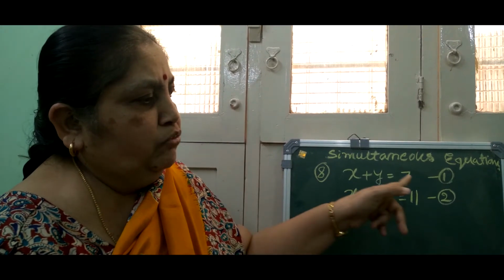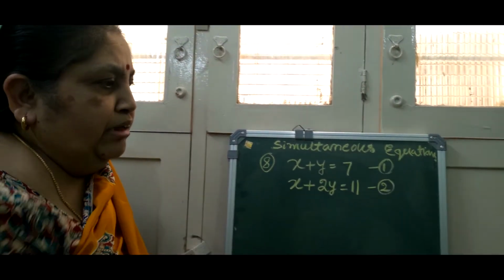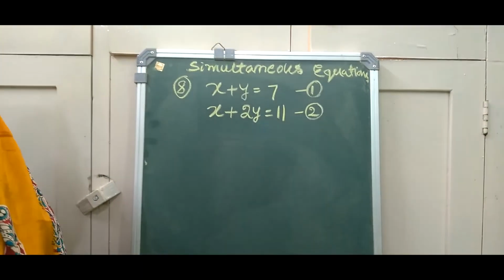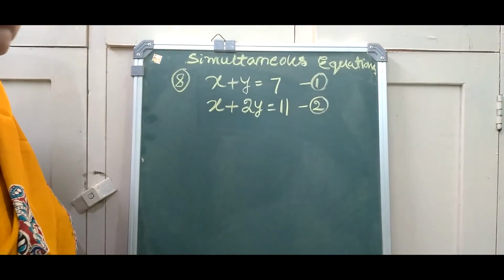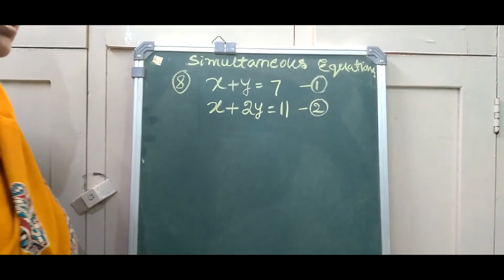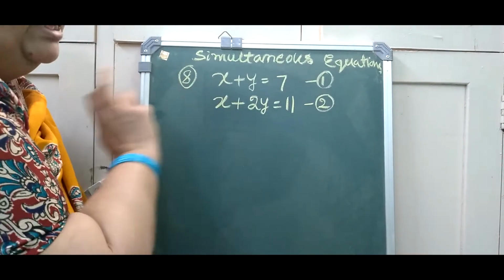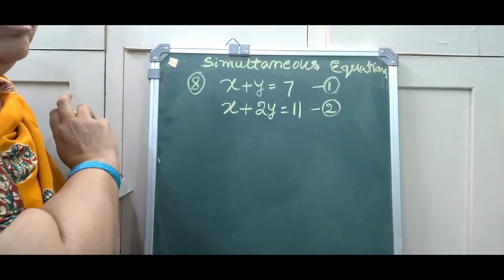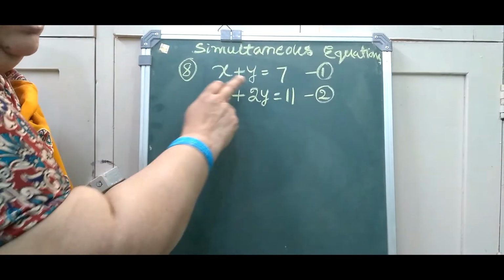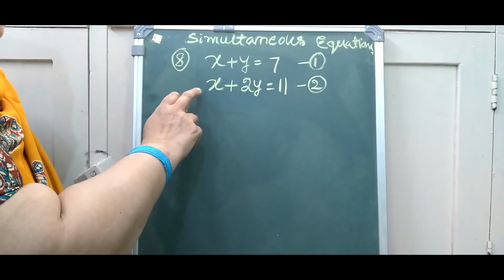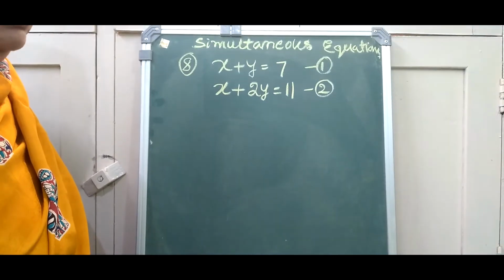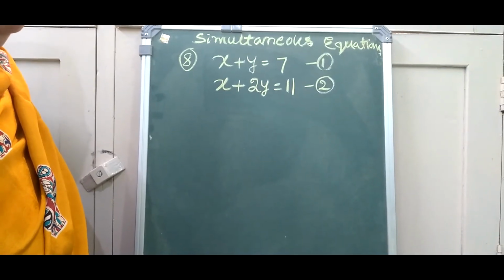Equation 1 and equation 2. Such type of equations, we usually call simultaneous equations. And here you are observing two variables, x and y. We are going to find the value of x as well as y. Both the variables we find the values.